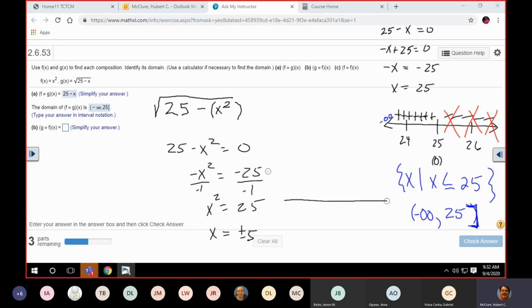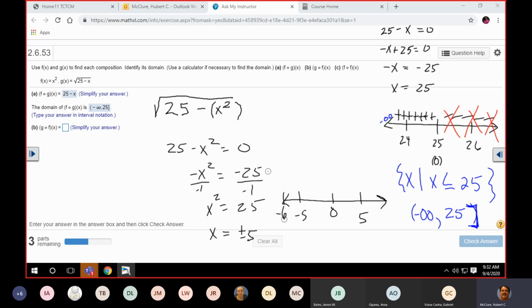Let's graph it on the number line. Negative 5, 0, positive 5. Let's plug in -6. What happens when we plug in -6?